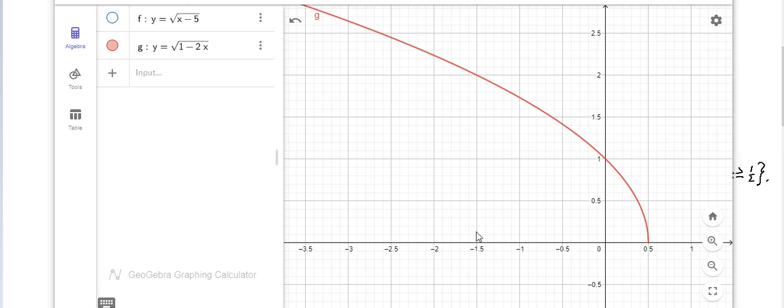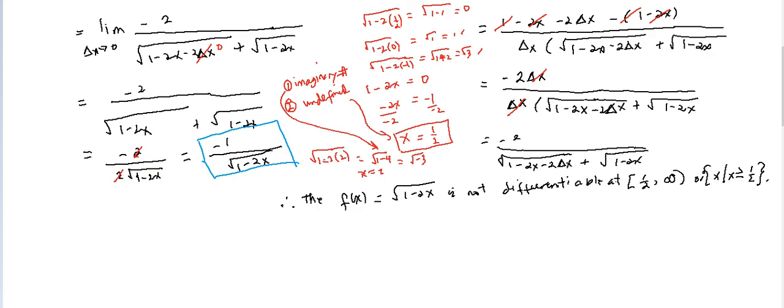So, what does this imply? Okay? Pwede natin sabihin na the function square root of 1 minus 2x is continuous at the interval negative infinity to 1/2.